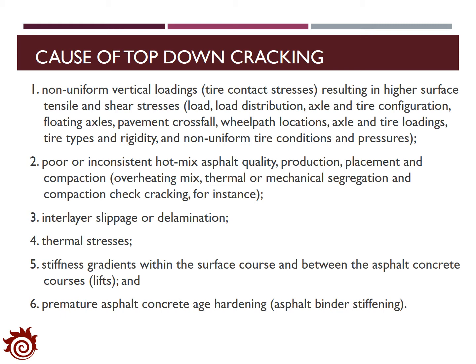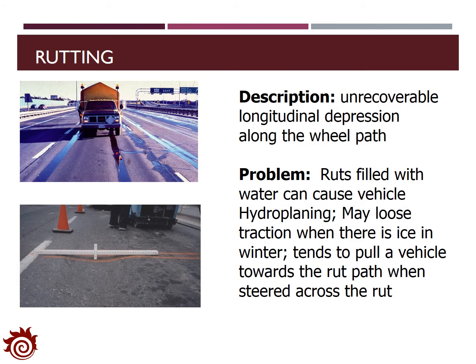Also, interlayer slippage or delamination will contribute to top-down cracking. Thermal stresses, stiffness gradients within the surface course and between the asphalt concrete courses, and premature asphalt concrete edge hardening will all increase the potential of top-down cracking.